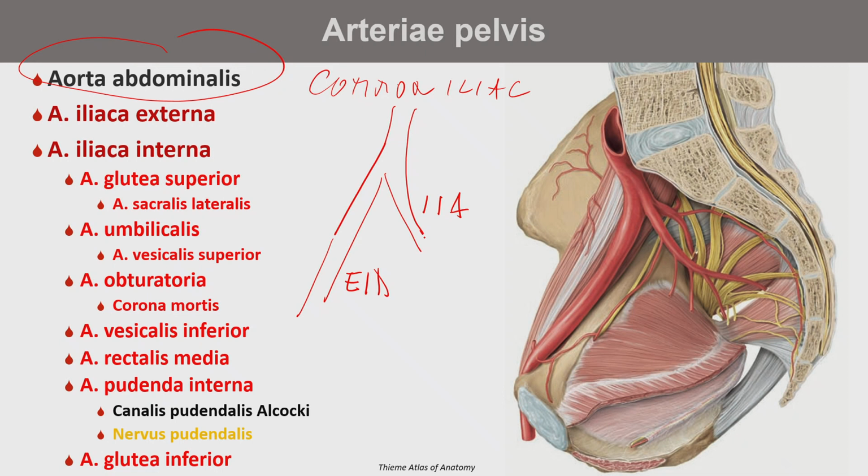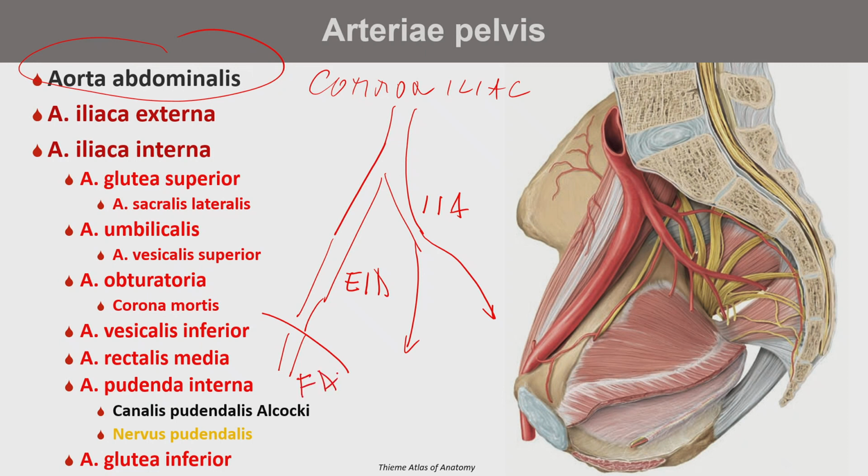The internal iliac artery is then dividing into dorsal and ventral branches. And the external iliac artery is going through the inguinal region and forming the femoral artery.